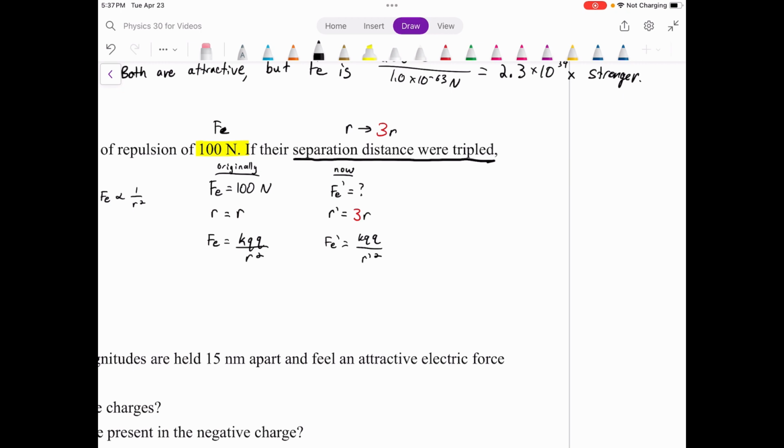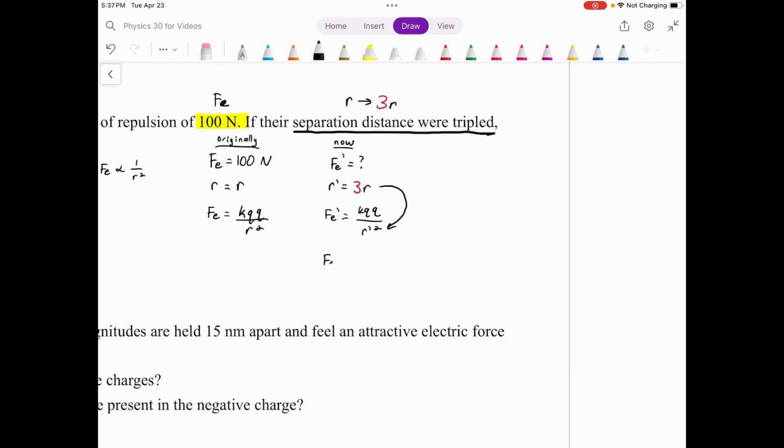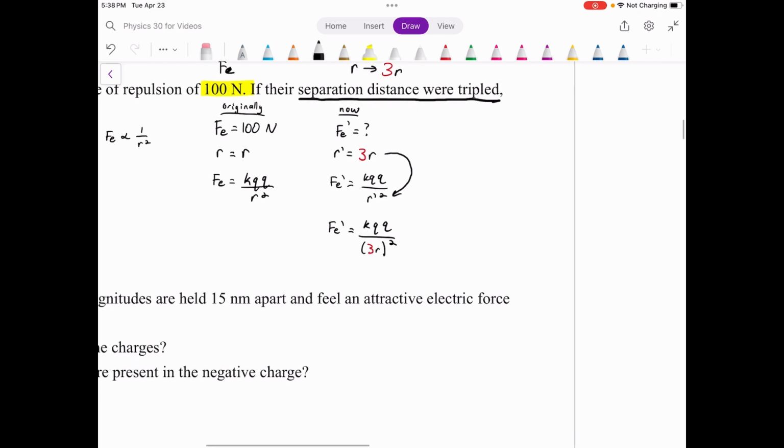But we know that the new R is just 3 times the original R. So the new electrostatic force is going to be K times Q over the new R squared, but the new R is just 3 times the original R, and we're squaring that new R. And you can see here already where this might be headed, because look, what happens when you square 3R? You don't get 3R squared, you get 9R squared.